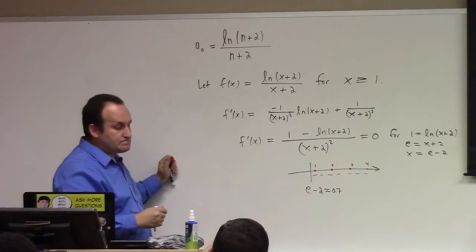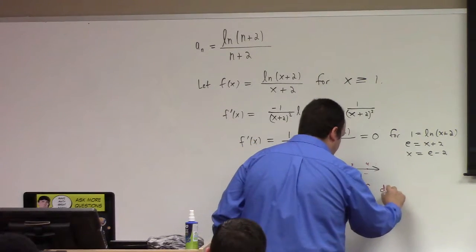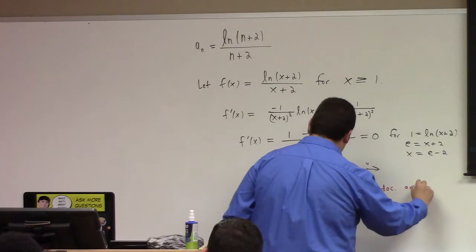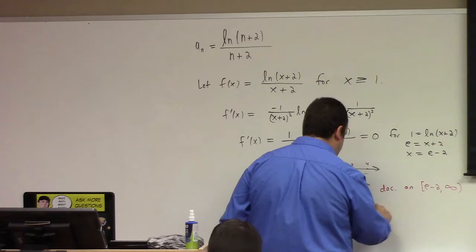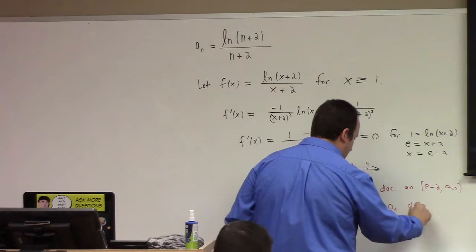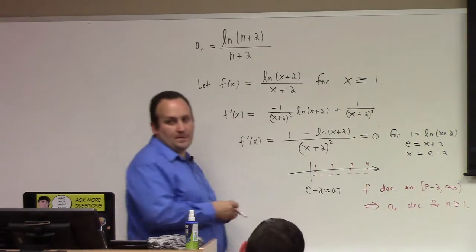All right? So the point is, f is decreasing on e minus 2 to infinity, which implies that a sub n is decreasing for n greater than or equal to 1 by calculus.